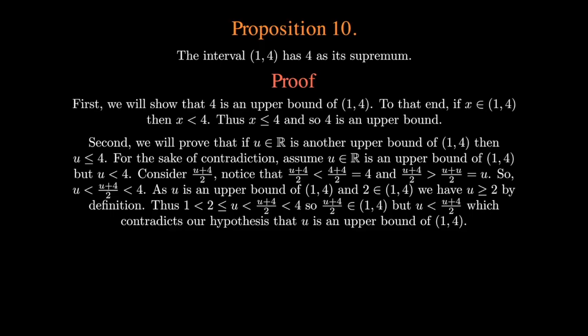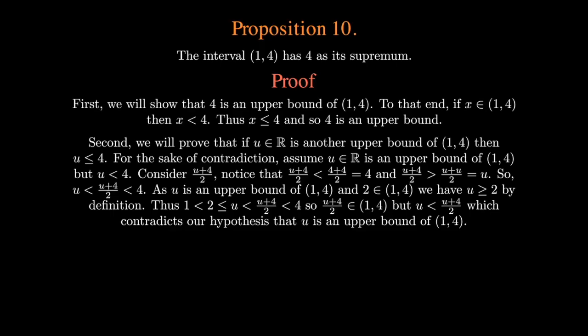We then consider (u plus 4) over 2, and we notice that (u plus 4) over 2 will be strictly less than (4 plus 4) over 2, since u was strictly less than 4, and we know that (4 plus 4) over 2 is equal to 4. Further, we have that (u plus 4) over 2 is greater than (u plus u) over 2, which is equal to u. So, (u plus 4) over 2 is between u and 4.